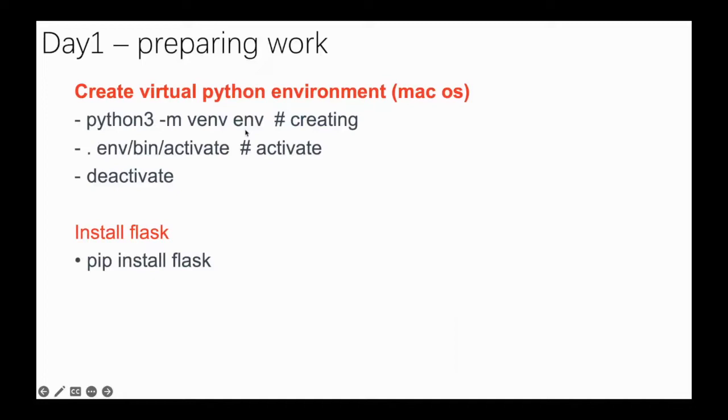Use the name venv, and you can use this code to activate this environment, and then you can use deactivate to close this environment. And secondly, you can install Python Flask with this very simple pip command.